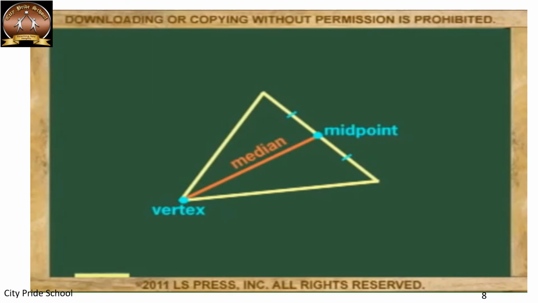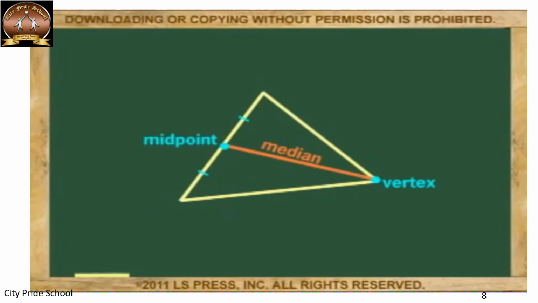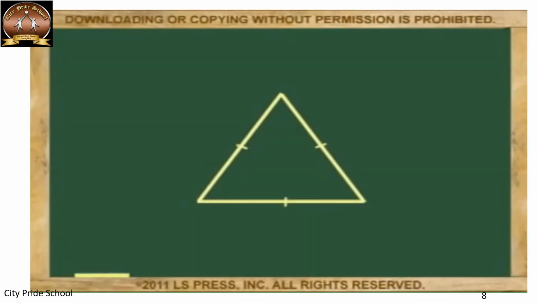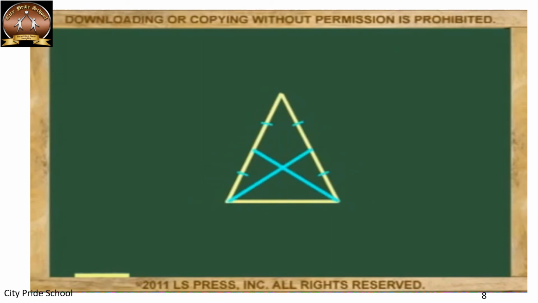Because a triangle has three vertices, then it has three medians. Now, if the triangle is equilateral, all three sides are equal, then all three medians are equal. If it is an isosceles triangle, two sides are equal, then two of the medians are equal.